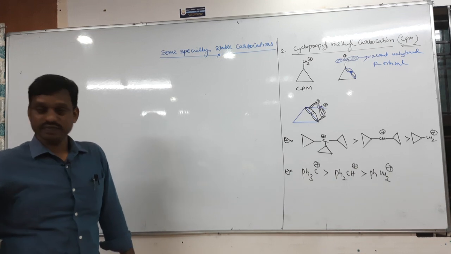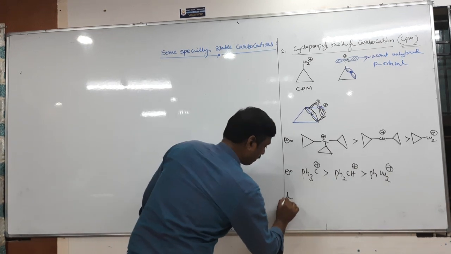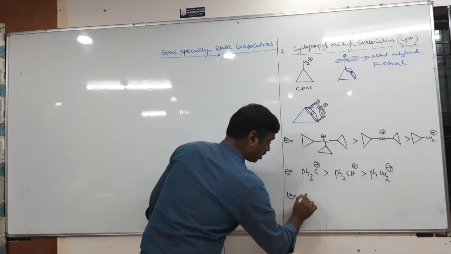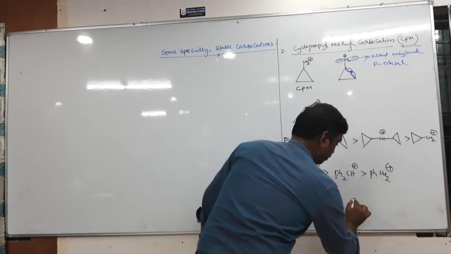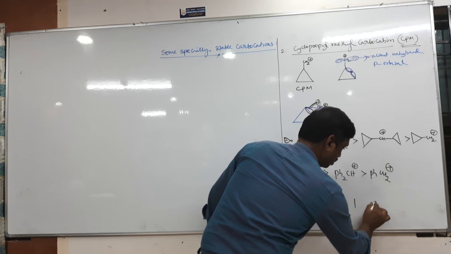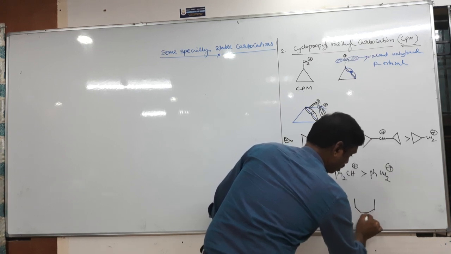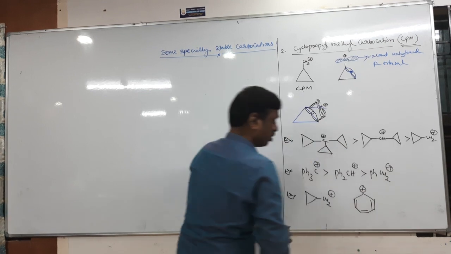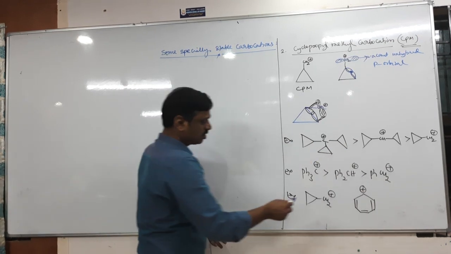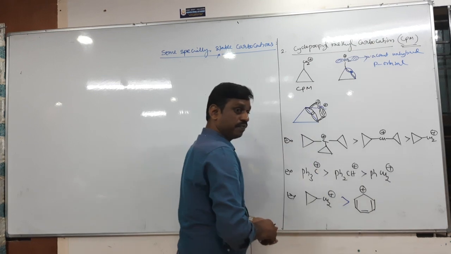Next, another example. If you take CPM and tropylium, tell me which carbocation is more stable? Obviously CPM is more stable than tropylium.